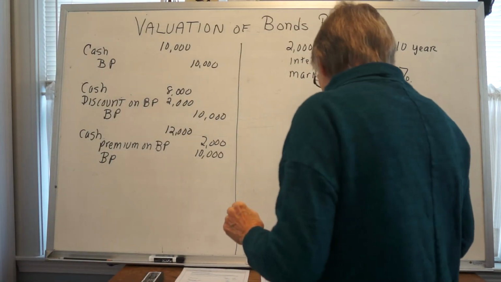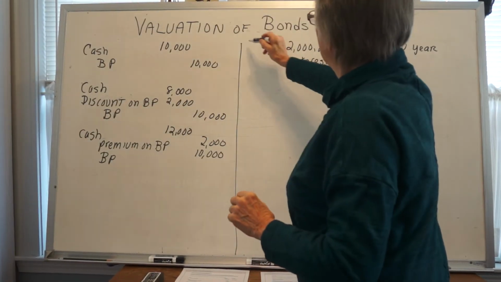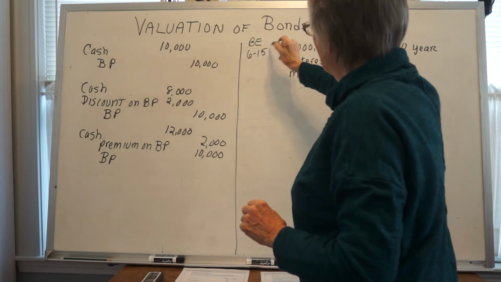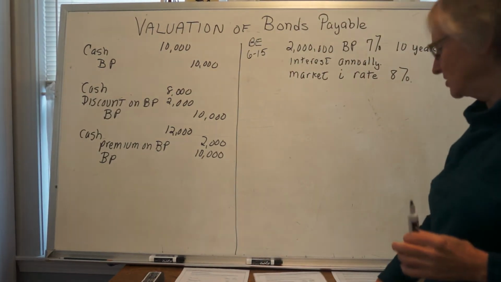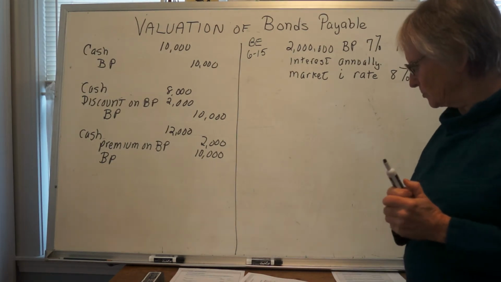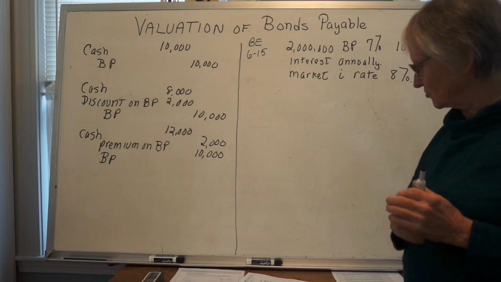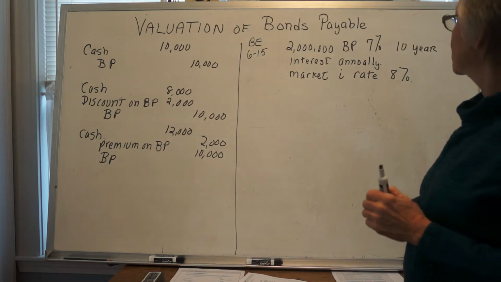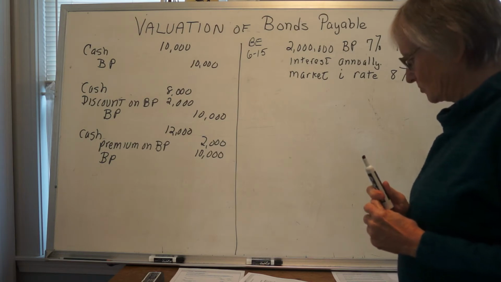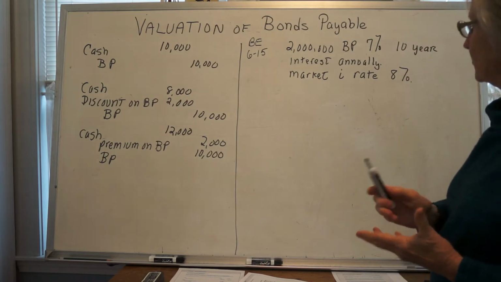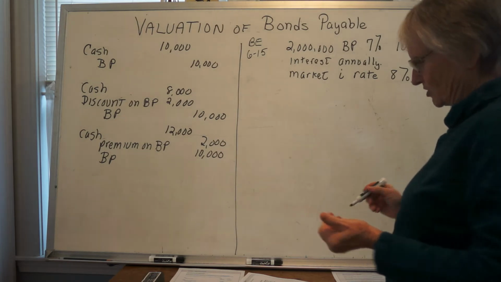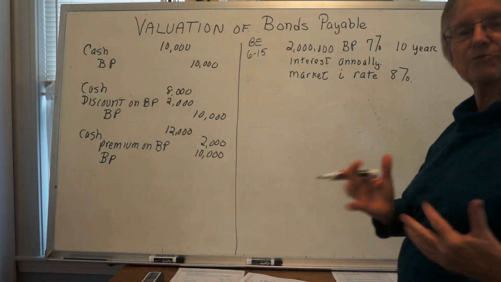So I'm looking at brief exercise 6-15. And this is where Clancy Inc. decides that they're going to issue $2 million in bonds, 7% bonds, that's the stated interest rate, due in 10 years, interest payable annually, and the market rate of interest is 8%. So when we are doing this, we ask the same questions, do we need to know the present or the future?